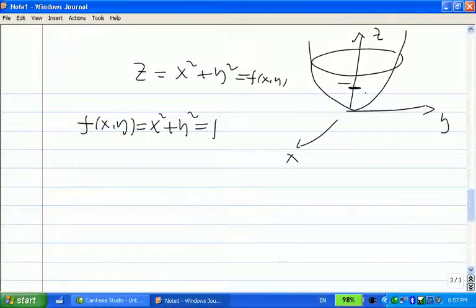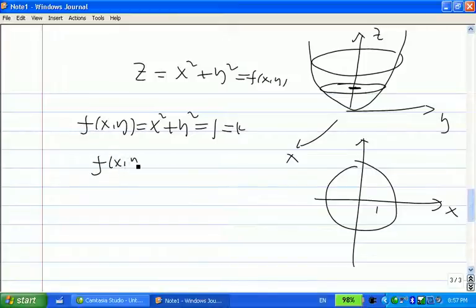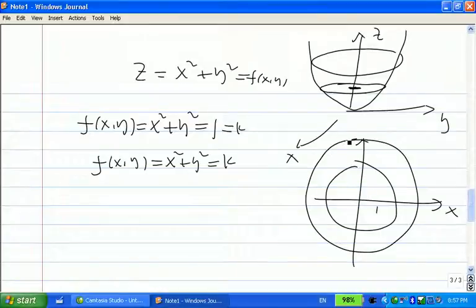At the intersection of the surfaces, you get a curve, right? So the level curve, this is your k equal to 1. You get a circle with 1 as radius. If I let k equal to 4, if f(x,y) equal to 4, you get another curve, a level curve, like that.